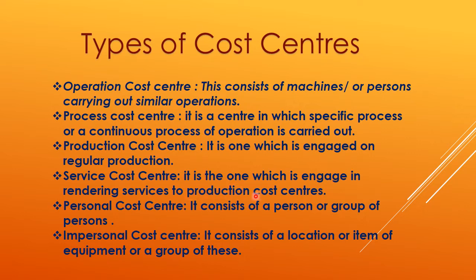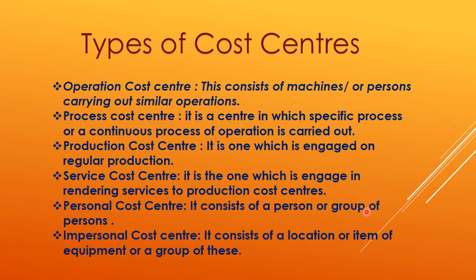Personal cost center: it consists of a person or group of persons. Impersonal cost center: it consists of a location or item of equipment or a group of these. So the personal cost center is concerned with the person or group of persons doing the work.